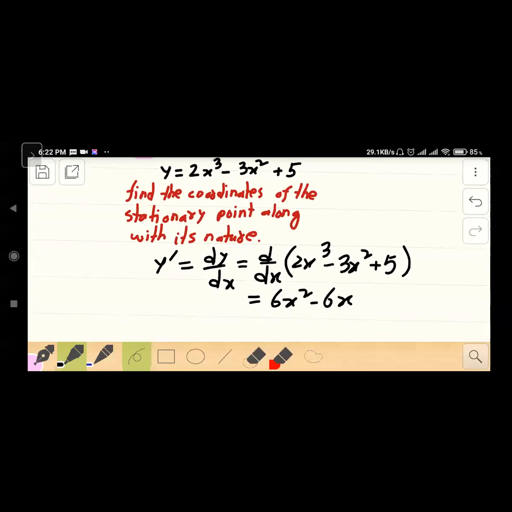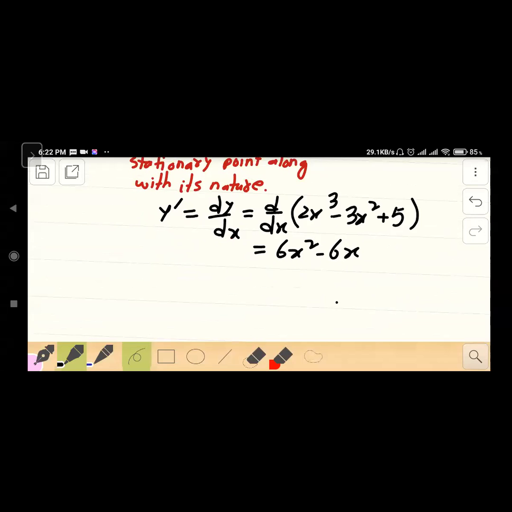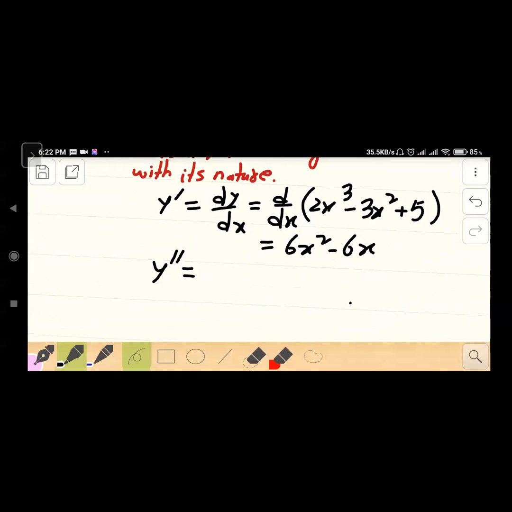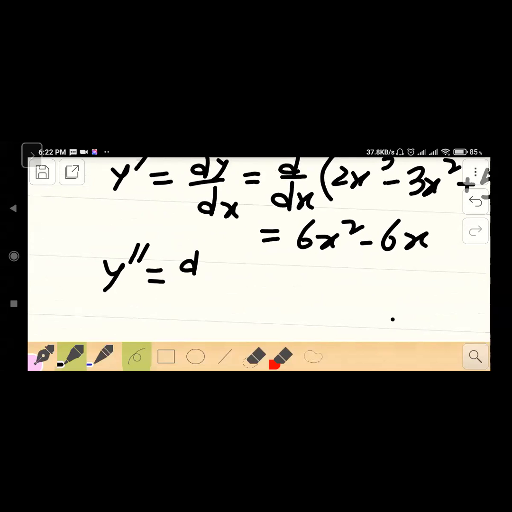Okay, so this is y prime. Now let's find y double prime, that means the double differentiation, differentiation of the differentiation. So it will be like d by dx of dy by dx.